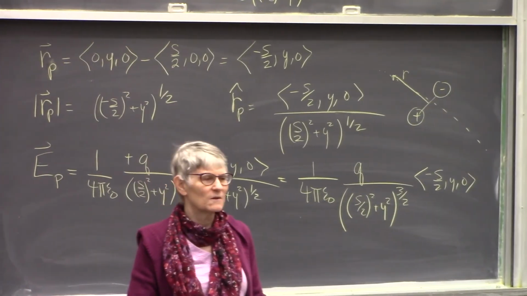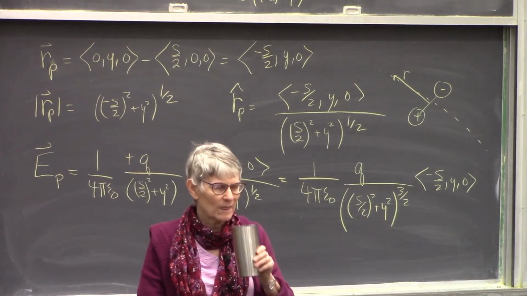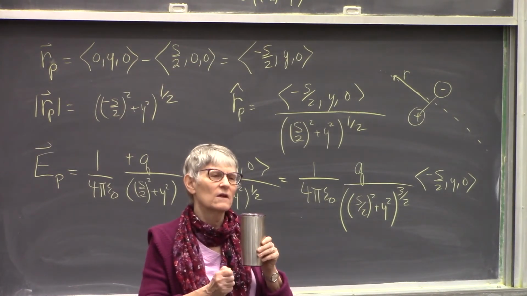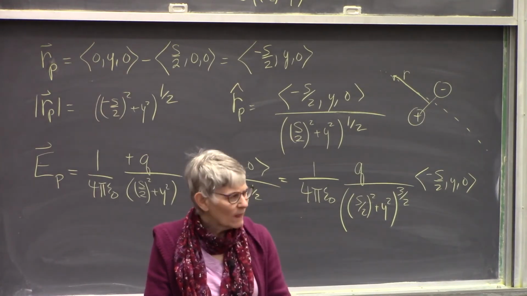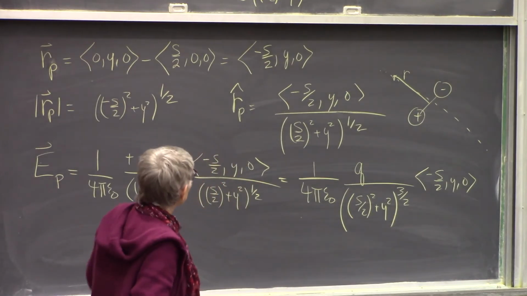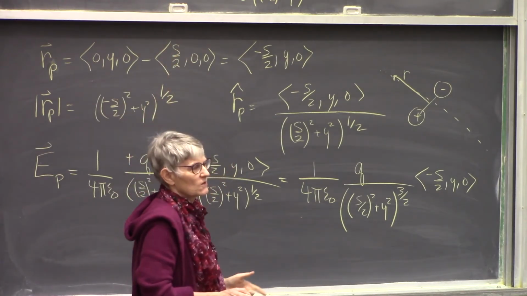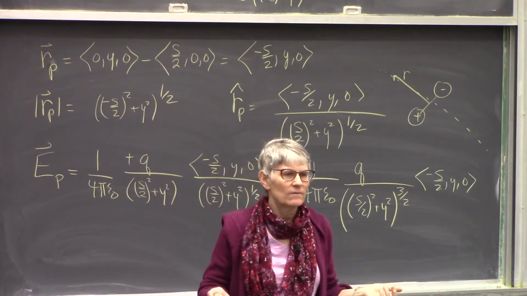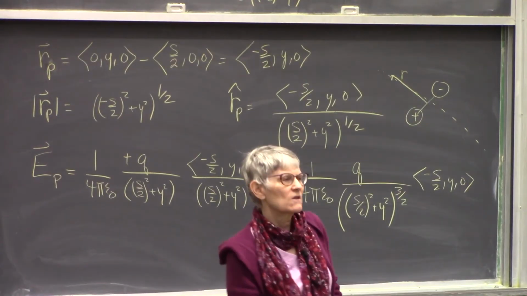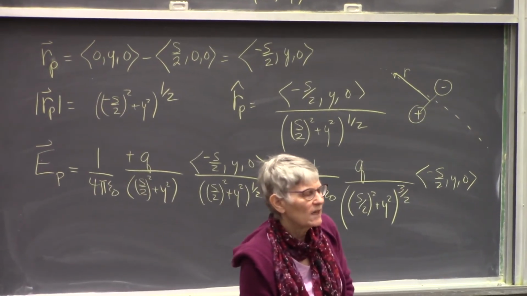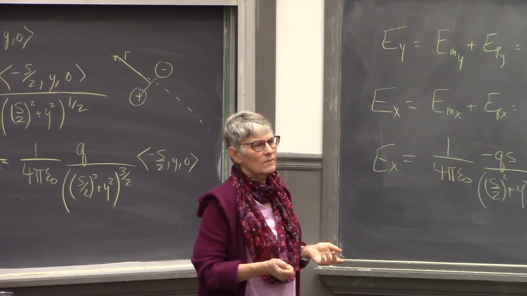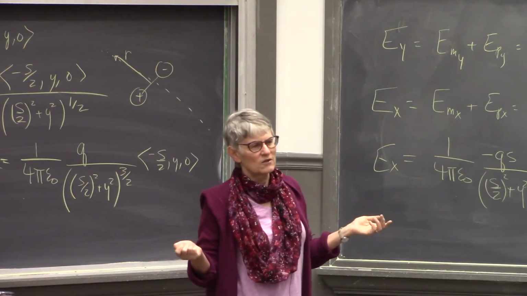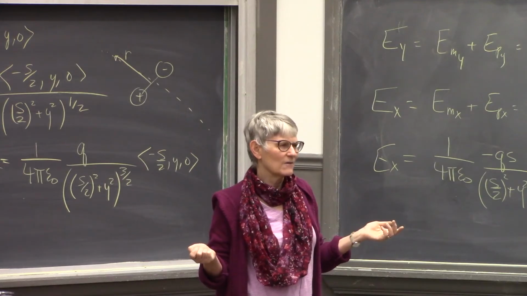So we got, after a huge amount of algebra, an expression for the magnitude of the electric field at some location on the perpendicular axis of a dipole. Now notice that there's not an r hat. I mean, we can't just multiply by an r hat and get a vector, because this isn't even remotely in the direction of r hat, right?